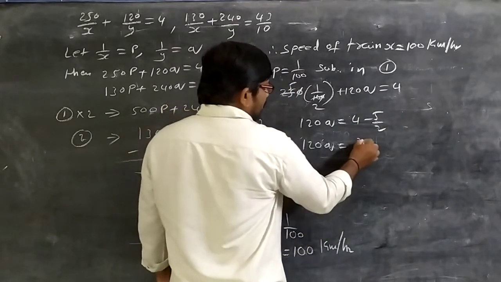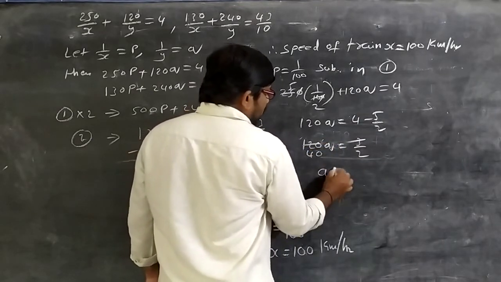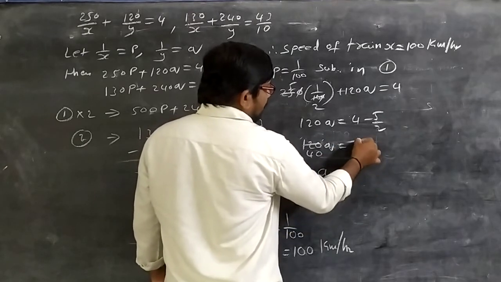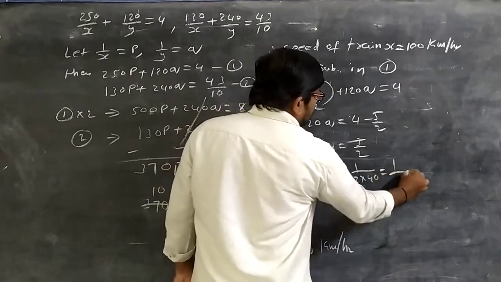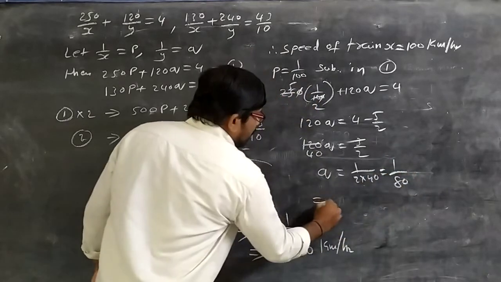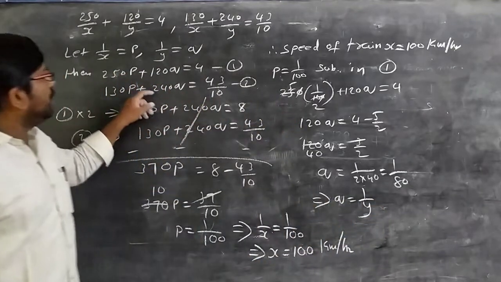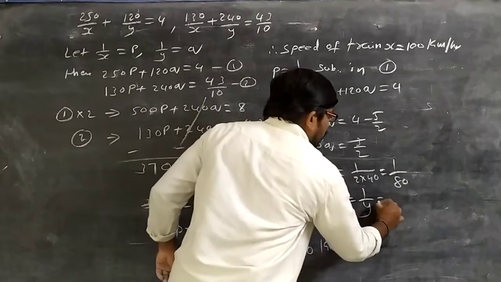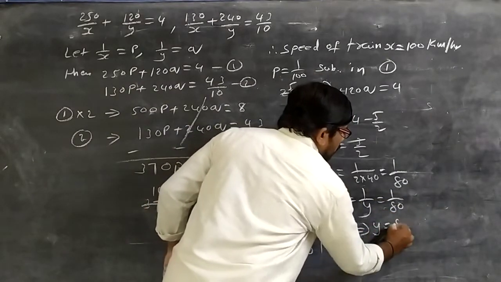Now cancel it, 3 ones are 3, 3 forties are 120. Then q is equal to 1 by 2 into 40, that is equal to 1 by 80. But the q value is 1 by y. So 1 by y is equal to 1 by 80. That implies y is equal to 80.